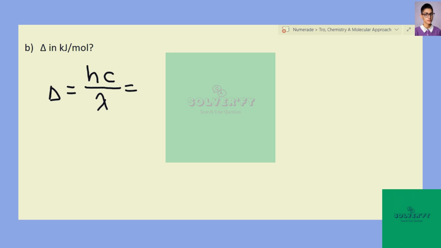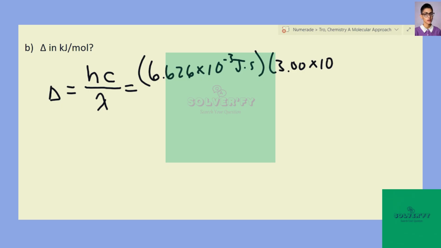So remember that Planck's constant is 6.626 times 10 to the negative 34 joule seconds. The speed of light is 3 times 10 to the 8 meters per second.